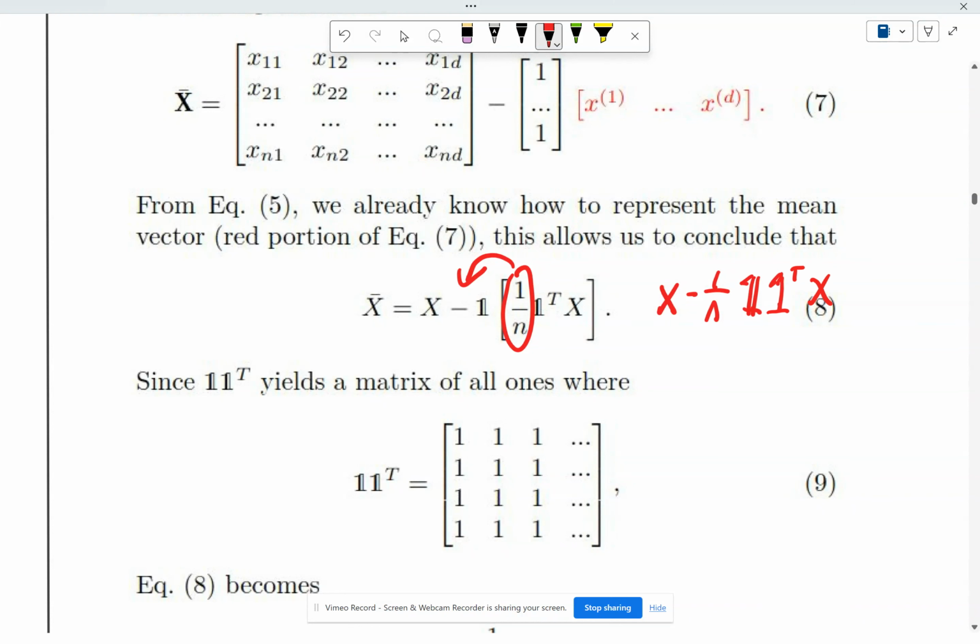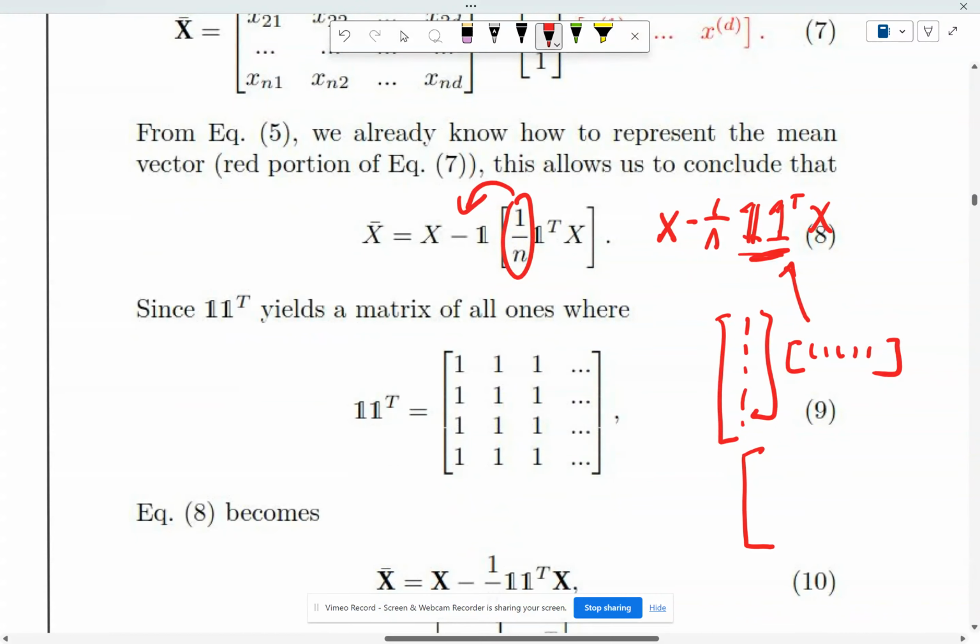Okay? Now, what is this? This is a vector of 1s. And this is a vector of 1s transposed. Well, if you have a vector of 1, multiply the outer product of vector 1, that gives you a matrix of 1s.